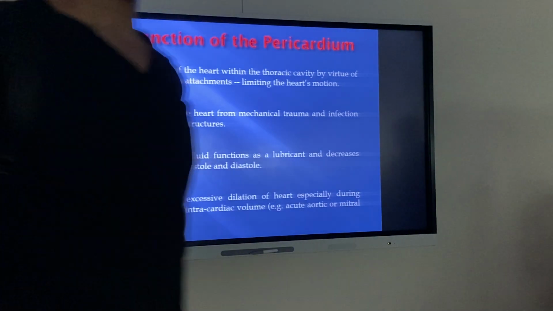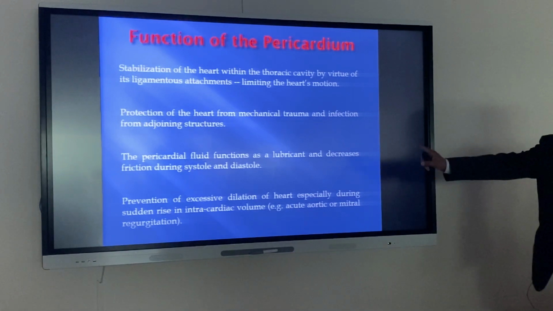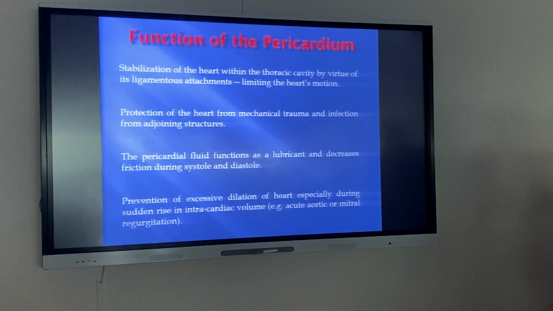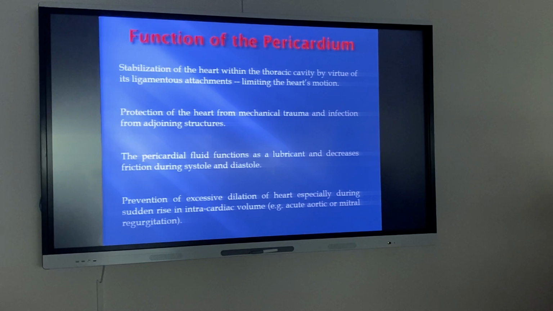So the pericardial fluid function is lubrication, as somebody said. Your heart is pumping. Do you realize that it is pumping? No. It is continuously pumping, but you don't even realize it. And if you realize, that is called palpitation. There are other causes of palpitation.